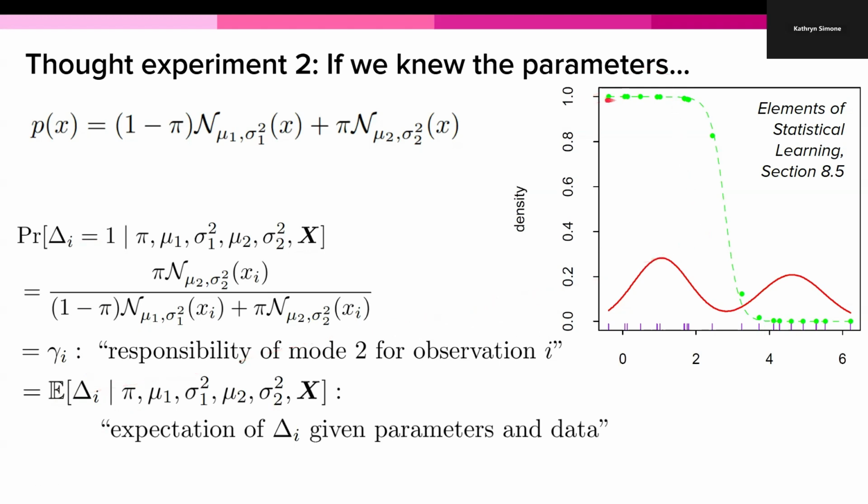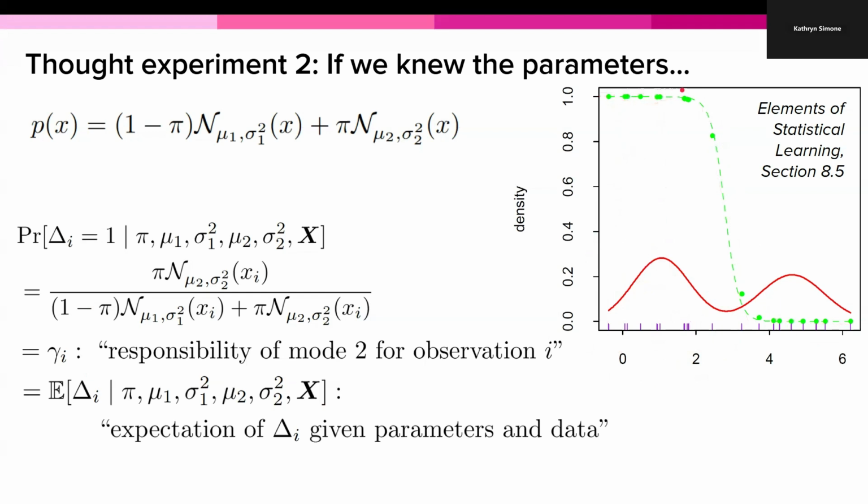So this green curve over here shows the values of gamma i, those responsibilities for the first mode across all of the samples. What we can see is that for the points clustered on the left side here, mode one takes most, if not all, of the responsibility.